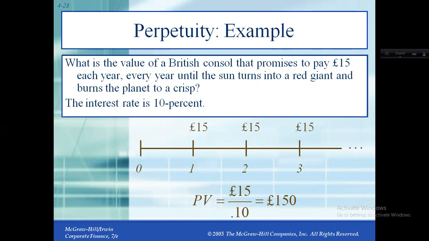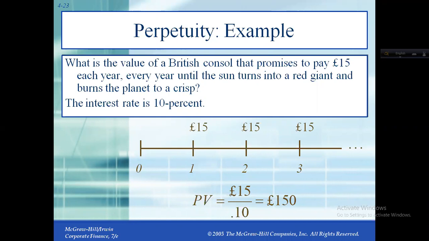What is the value of a British console that promises to pay 15 pounds each year, every year until the sun turns into a red giant and burns the planet to a crisp? And the interest rate is 10%.